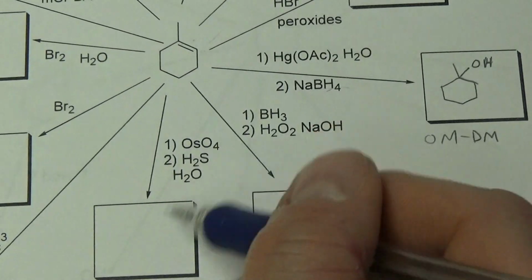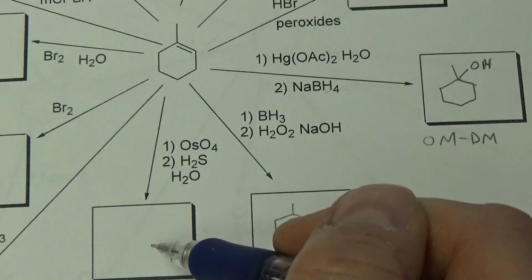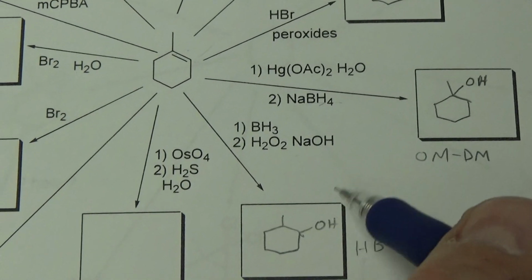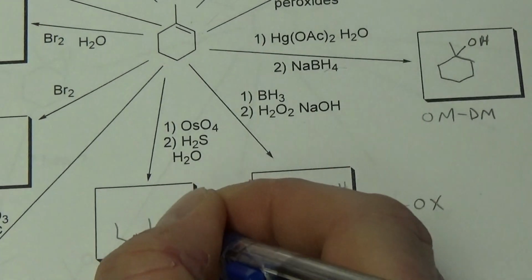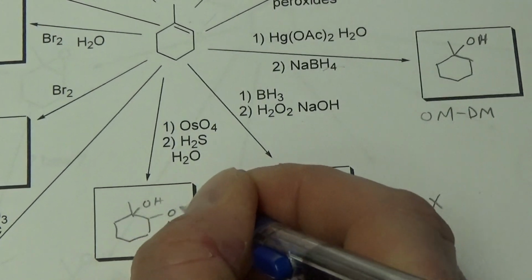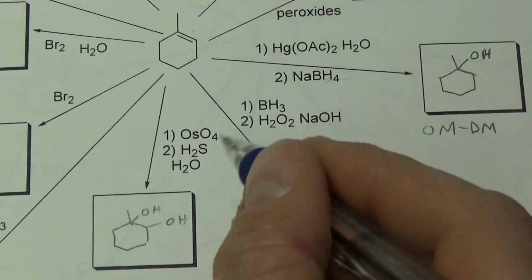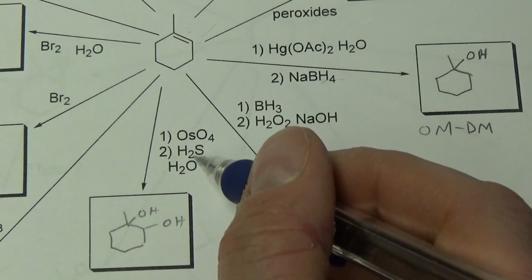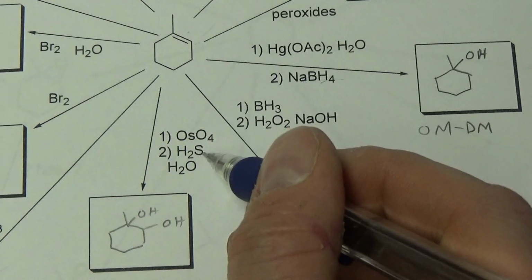OsO4, osmium tetroxide. This thing makes essentially a double alcohol, so you get 2 OHs. And it's OsO4 and then like H2S or Na2S. Sulfur, some kind of sulfur thing.